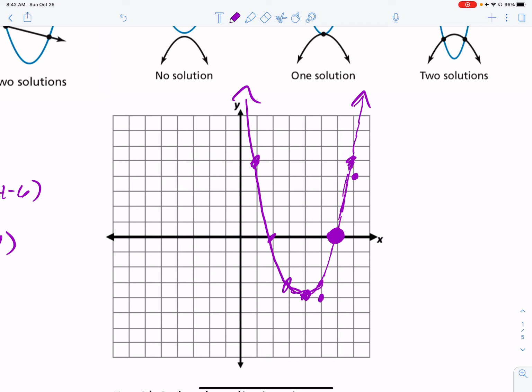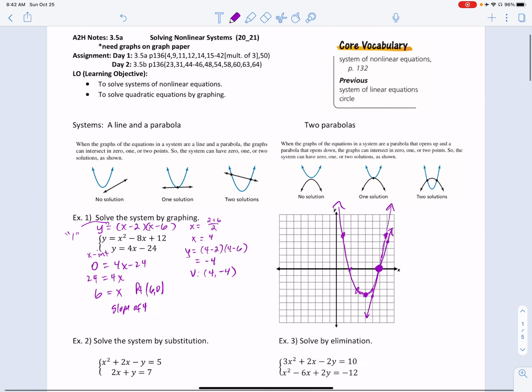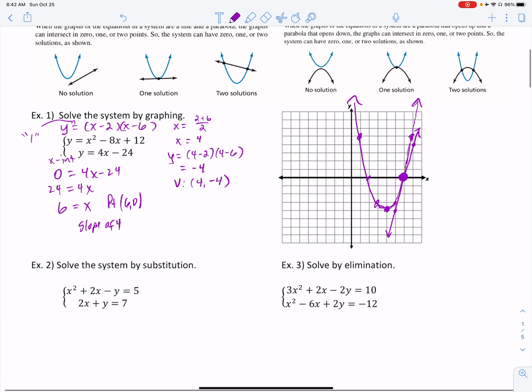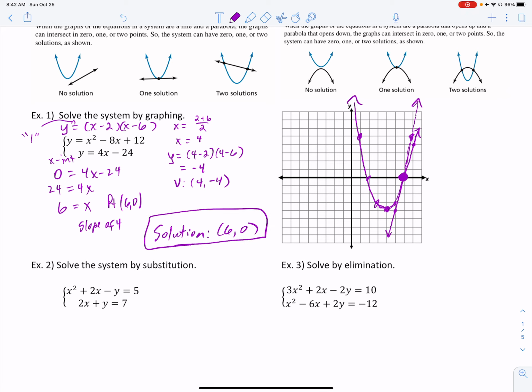So we would say that that line is tangent to the parabola because it just comes and intersects that parabola in that 1 point at 6, 0. And so the solution is going to be 6, 0. So that's the ordered pair that they share.